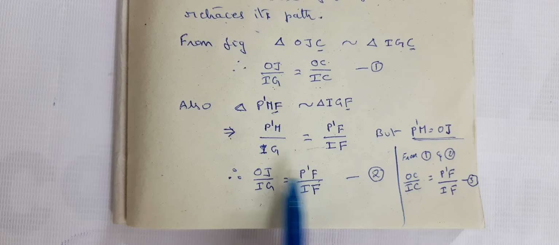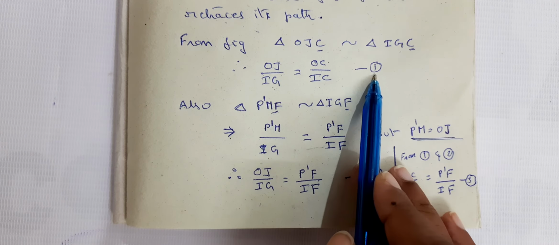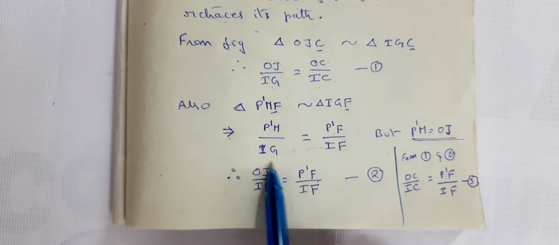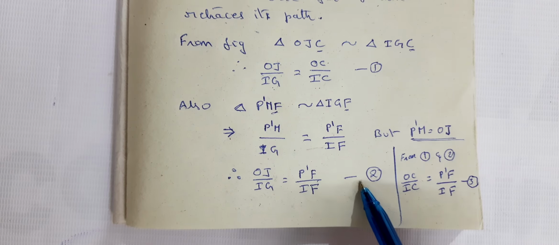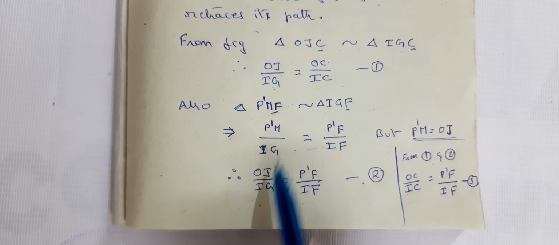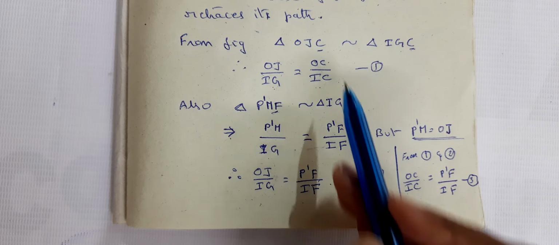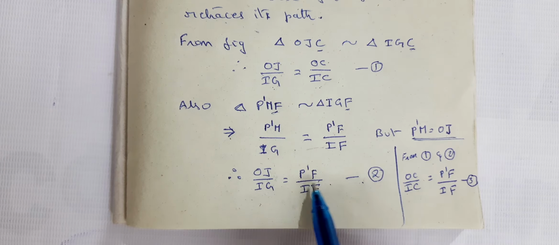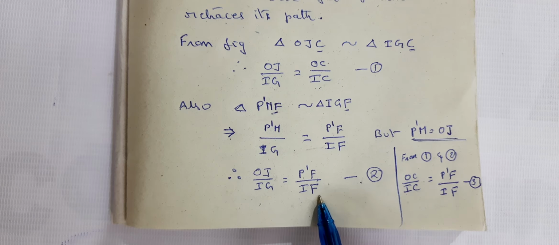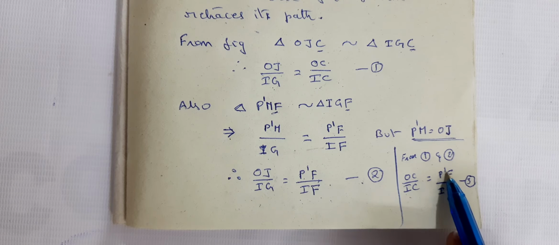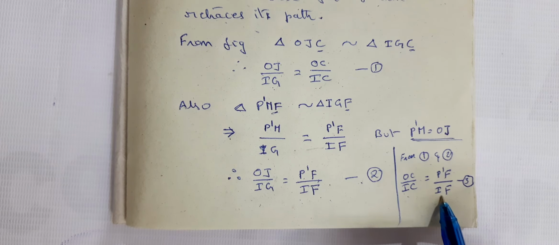Thus we got OJ by IG, OJ by IG. From 1 and 2 it is very clear that when LHS are equal, then RHS must be equal. Therefore OC by IC must be equal to P dash F by IF.